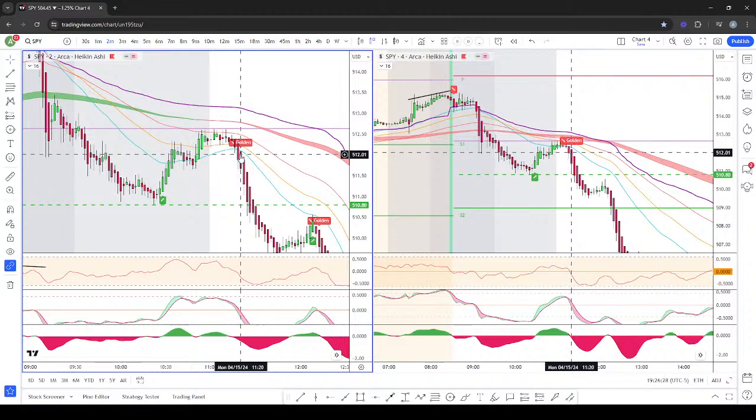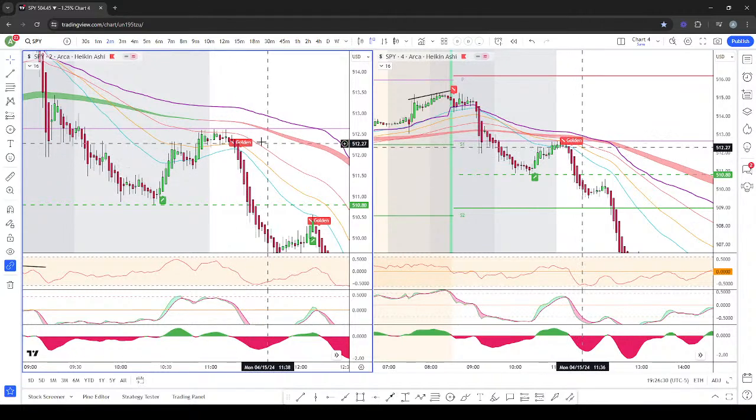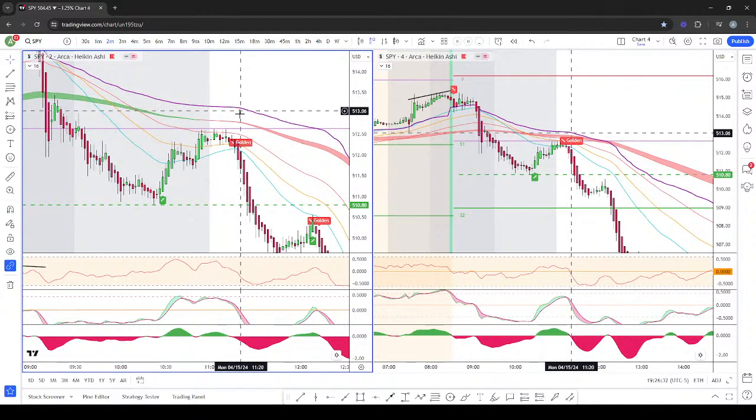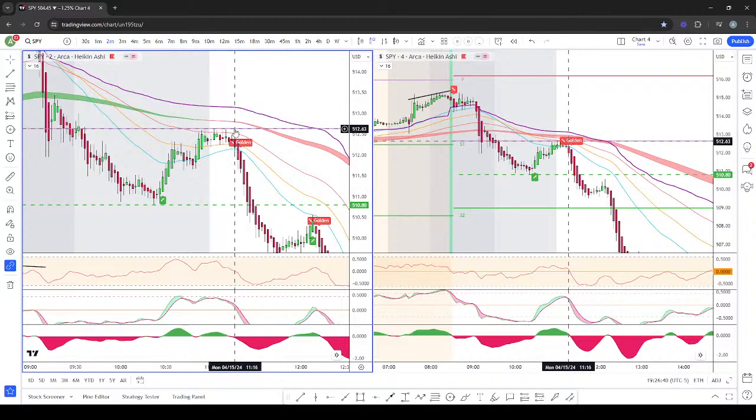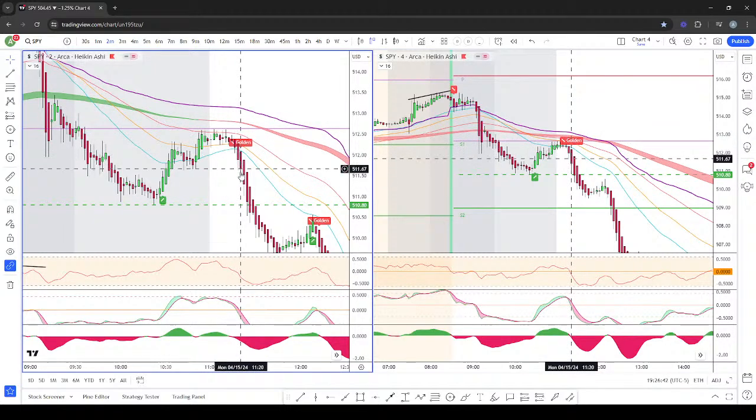In this case, you have a really nice golden signal right in here. I love these golden signals, and the sequence once again is VWAP, the cloud, red, orange, and teal.